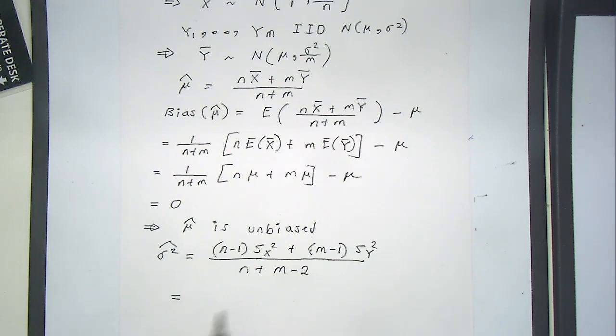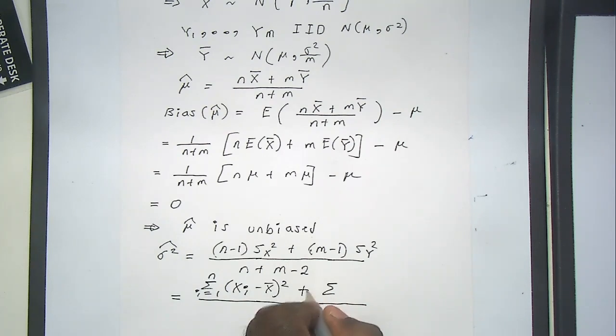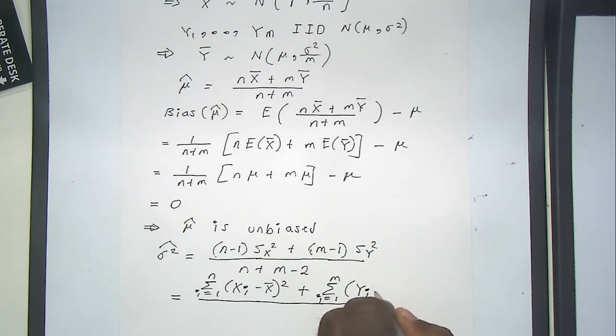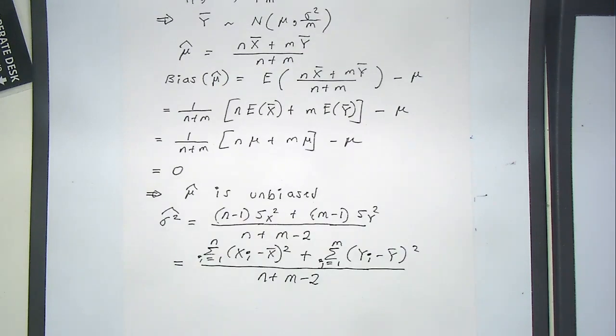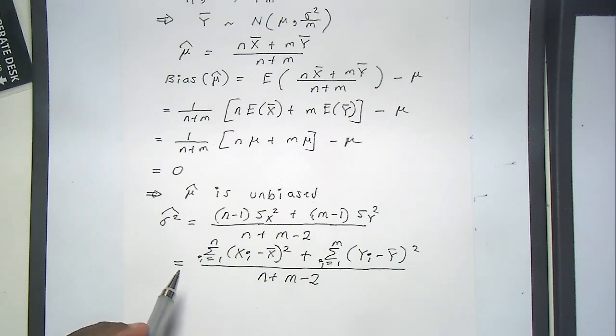I assume that you know the formula for the sample variance, right? So this will be, right, this is equal to this. Do you see why? Because of the definition of sample variance, right?